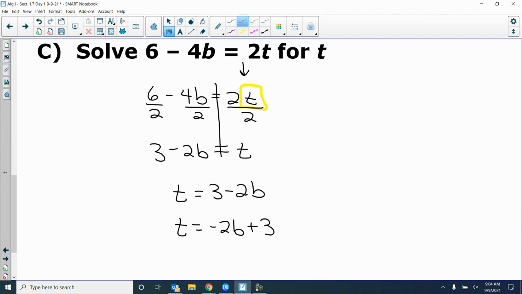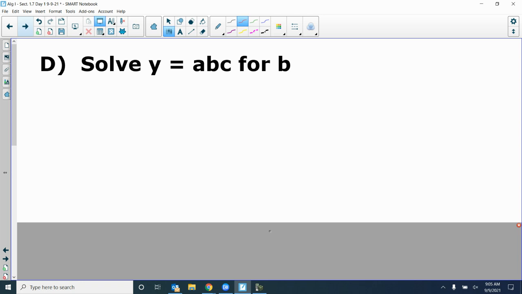Sometimes when I hand you a sheet with all the answers on it, and you have t equals 3 minus 2b as your answer, and I have t equals negative 2b plus 3, you think, oh, I'm wrong. You're not really wrong. You just didn't write it the same way I wrote it. So you don't have to go change everything. Understand, those two are equivalent. Normally, we like to write it like this. To be honest, if you could write it like that, that would be great.